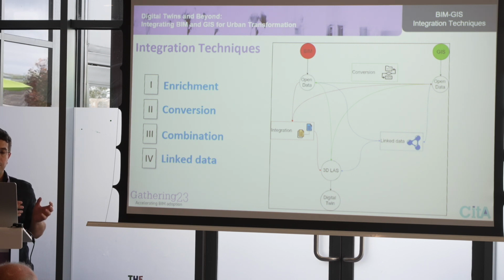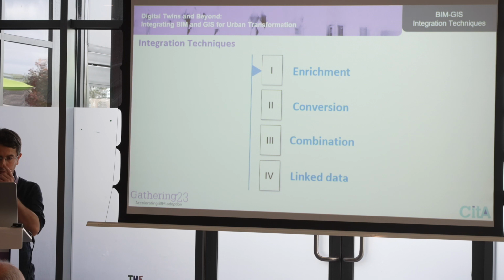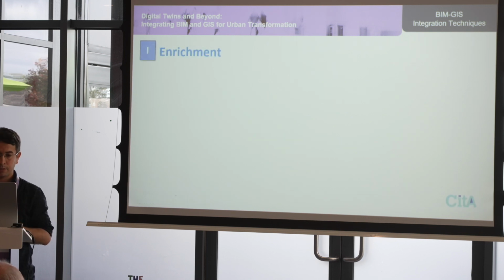For example, if we have a BIM model, we can convert it to GIS, or maybe we can combine them and integrate them into a unified model, or maybe some researchers also use a linked data approach and semantic web in order to combine the data and then also to create the 3D layers and to make a foundation for digital twins.